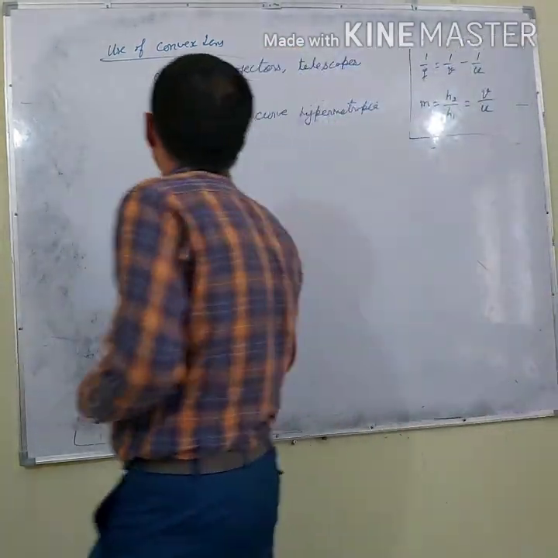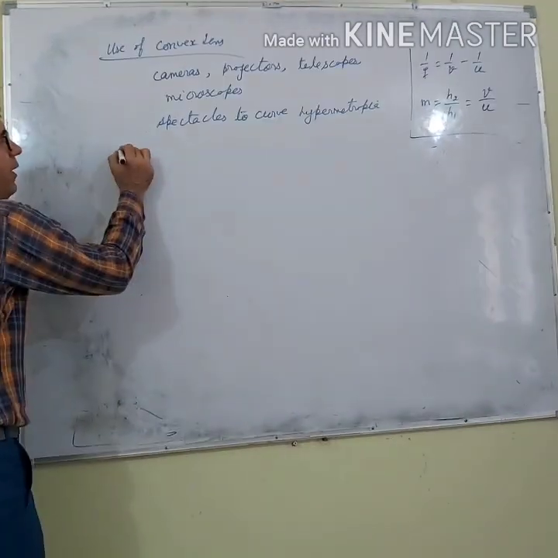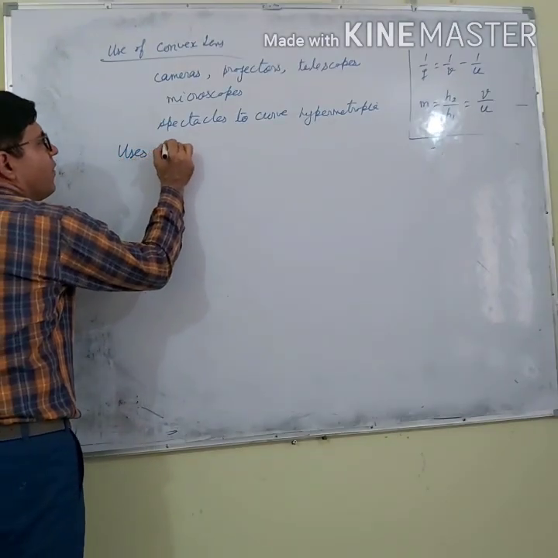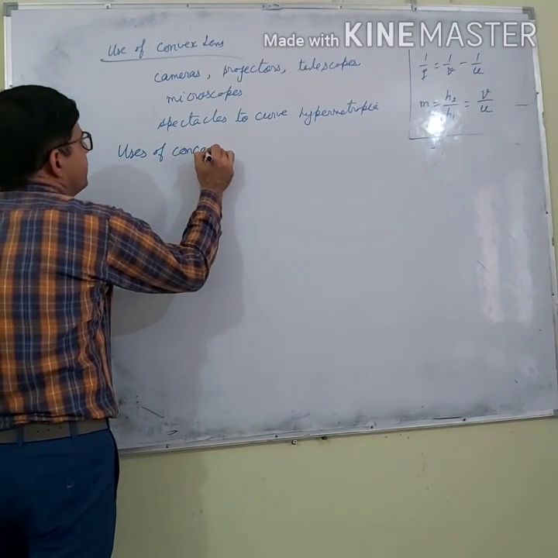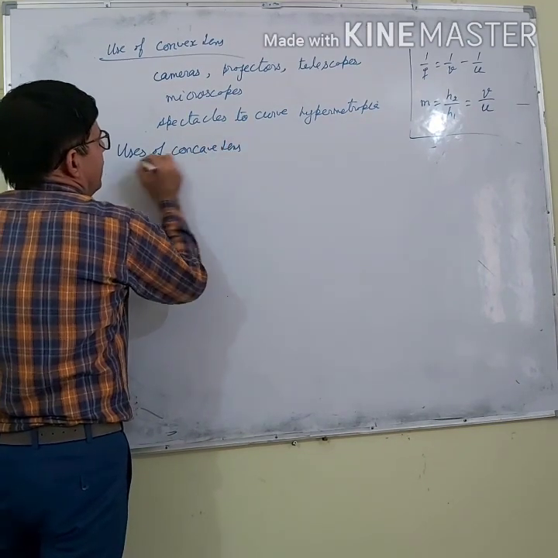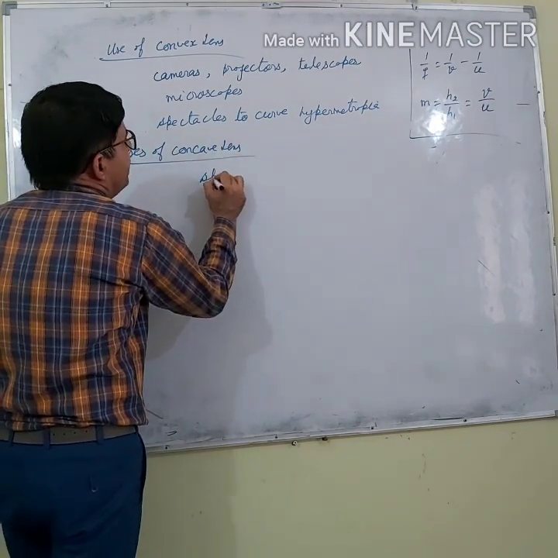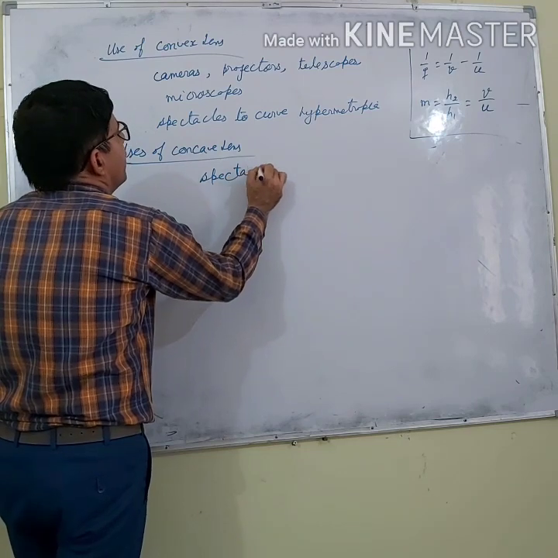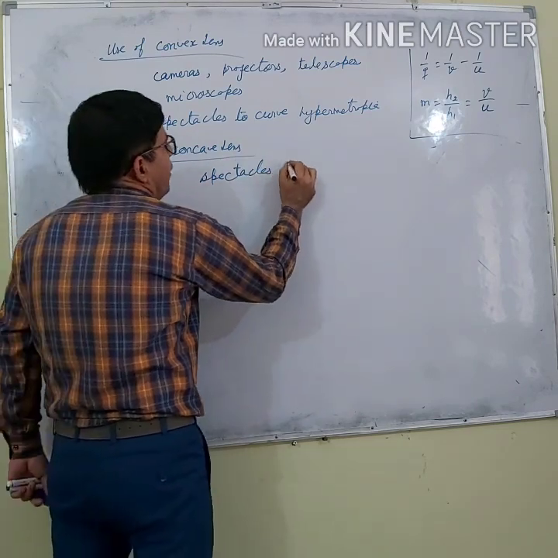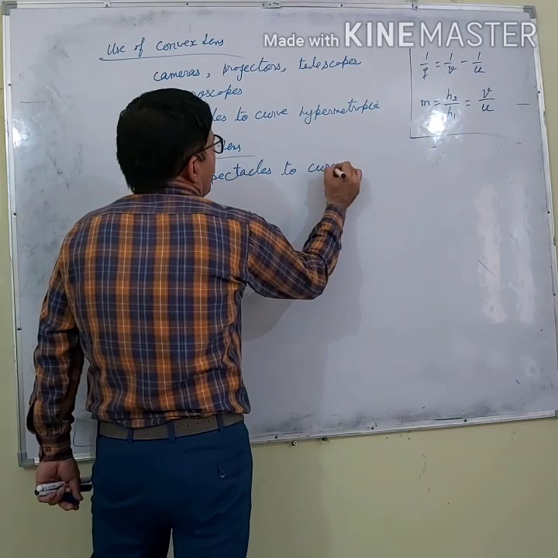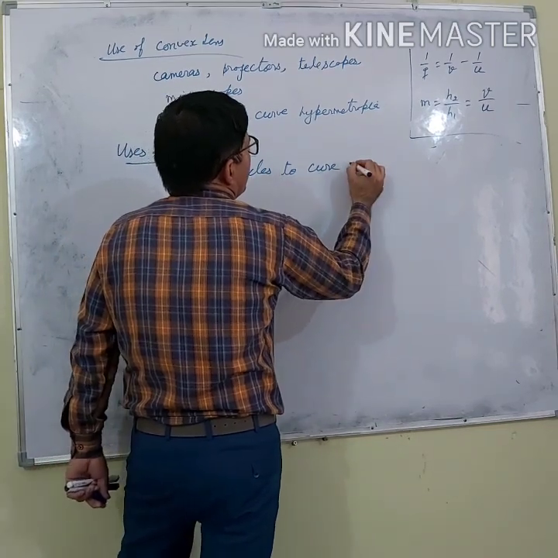So these are the uses of convex lens. What are the uses of concave lens? First use is, it is used in spectacles to cure myopia, not hypermetropia.